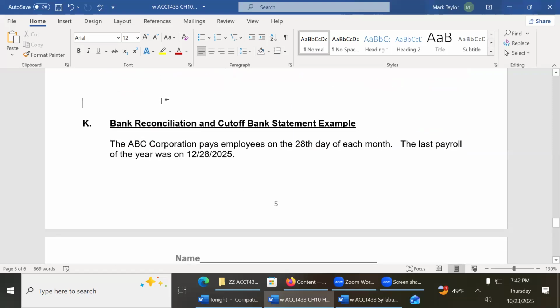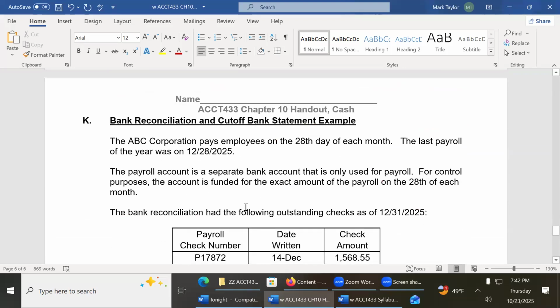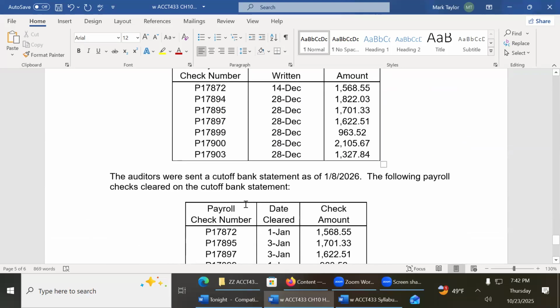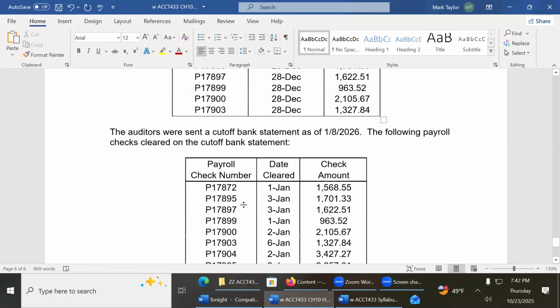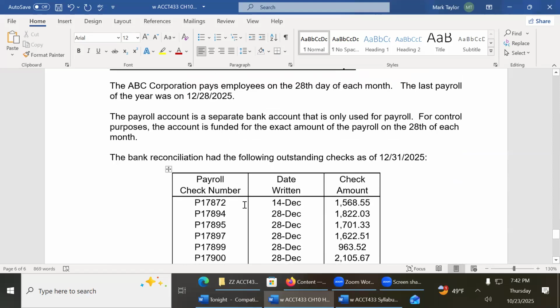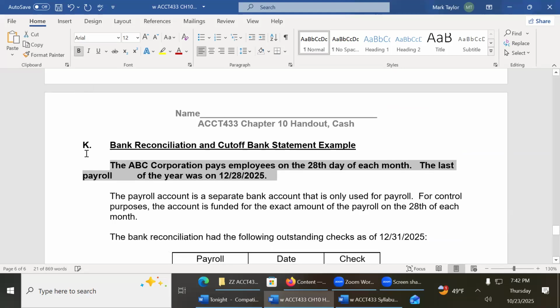Okay, let's do a bank reconciliation cutoff bank statement exam. And you will get one of these on the test. The ABC Corporation pays employees on the 28th day of each month.